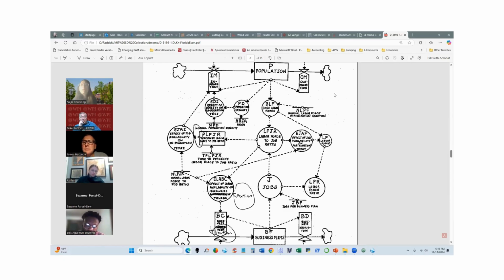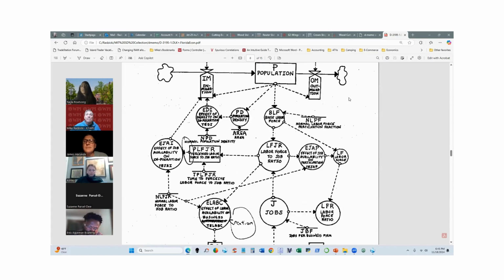Or you could add in a converter to multiply by the normal labor force participation fraction, and then add the effect of having people out sick with Lyme disease, or people who are permanently less productive because of Lyme disease because they're disabled or something. Right. Okay, so what you're saying, I think, is that this might get us there, that you could imagine modifying it a bit to represent the Lyme disease issue.